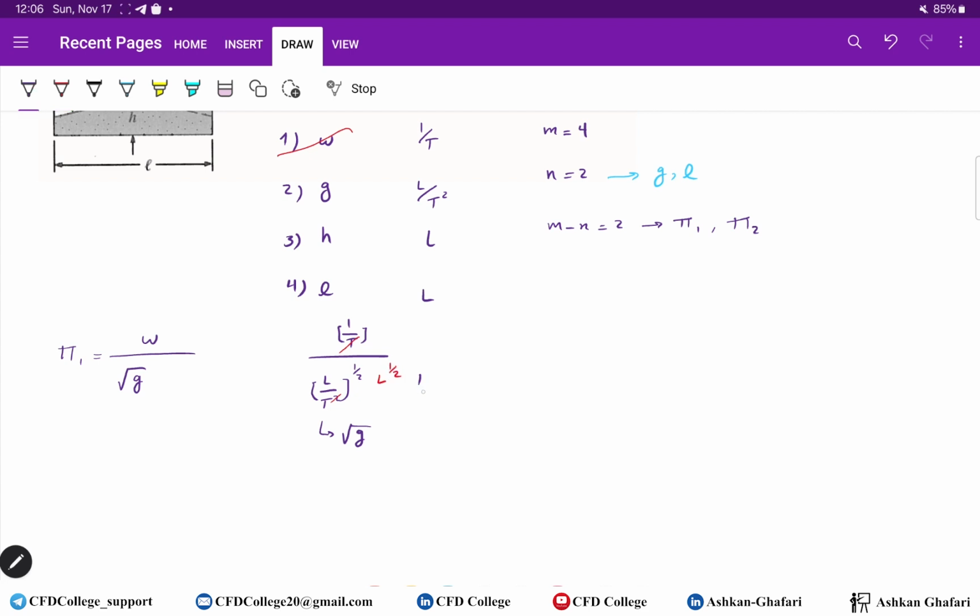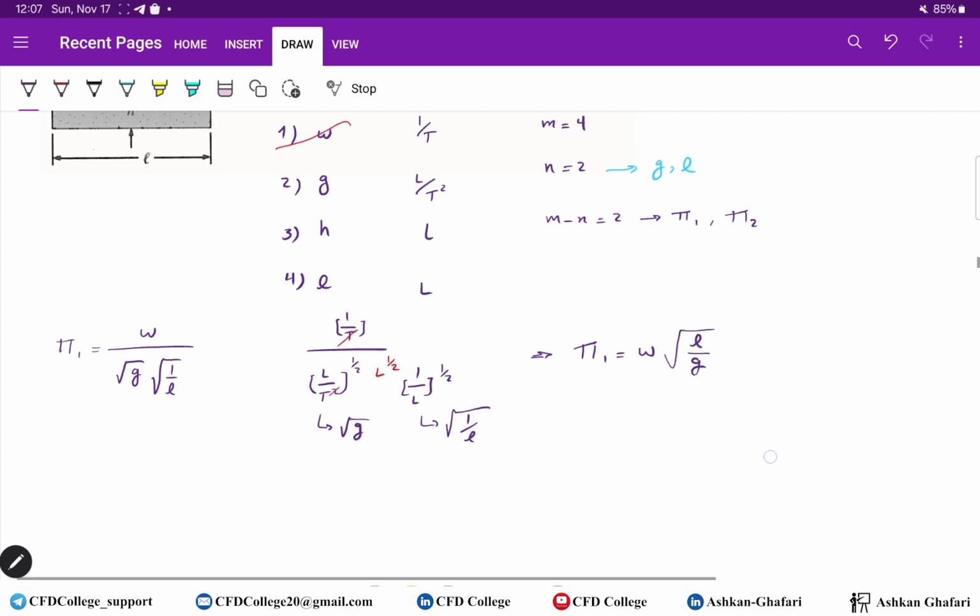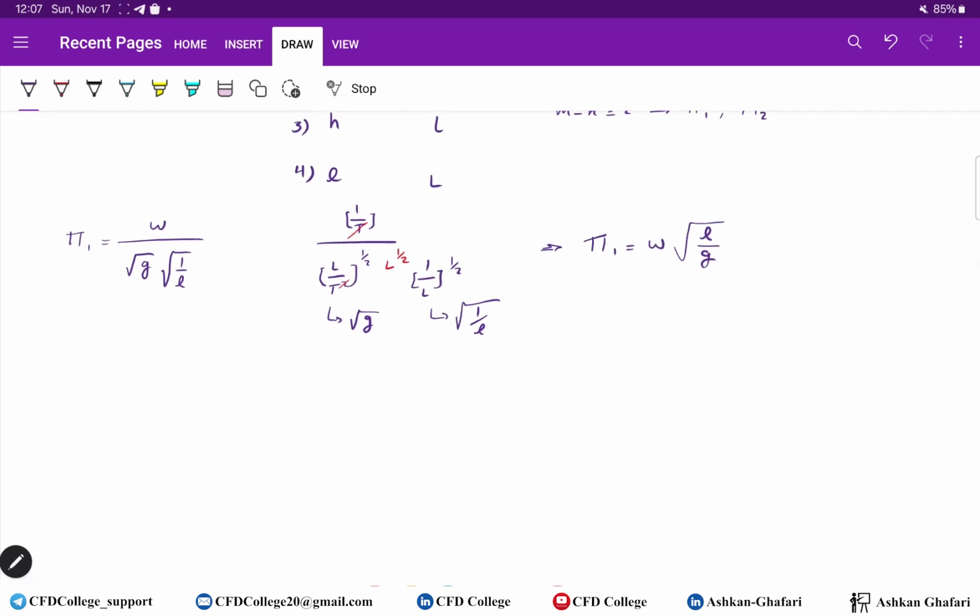So we need 1 over L to the power of 1 over 2, which means the square root of 1 over L. So pi 1 equals omega times square root of L over g. This is pi 1 actually.